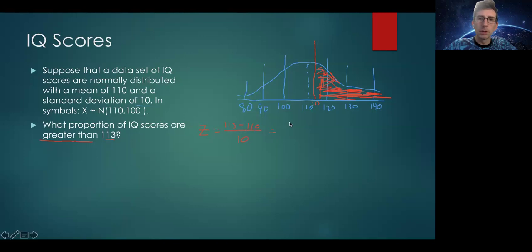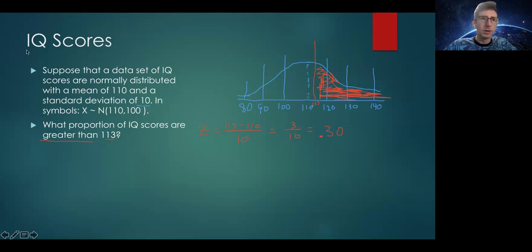So 113 minus 110 is simply 3. 3 divided by 10 is equal to 0.30. Okay, so we're looking for a z value of 0.30.